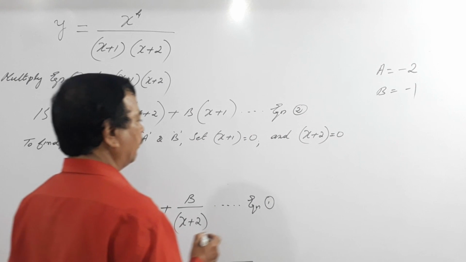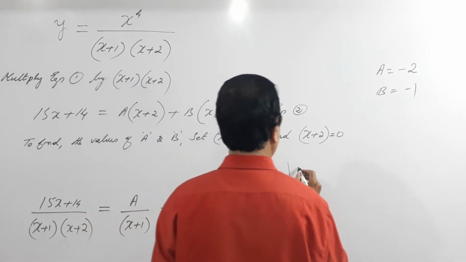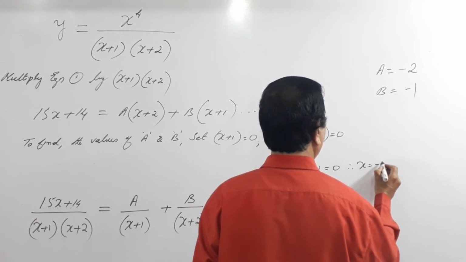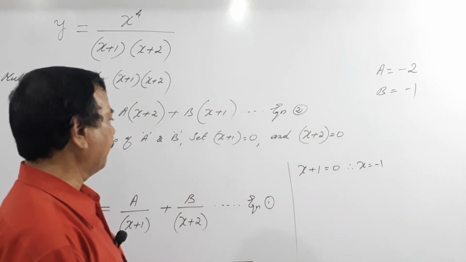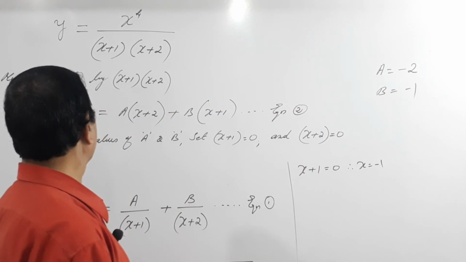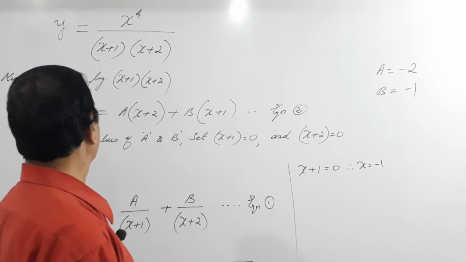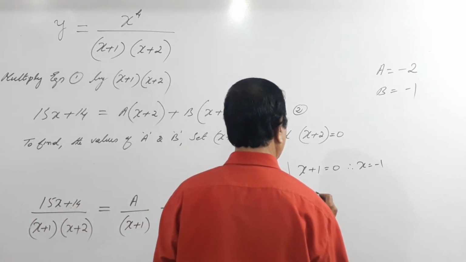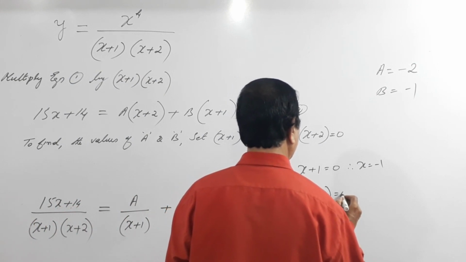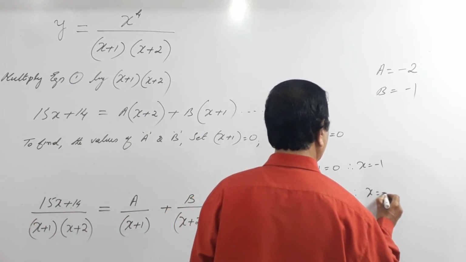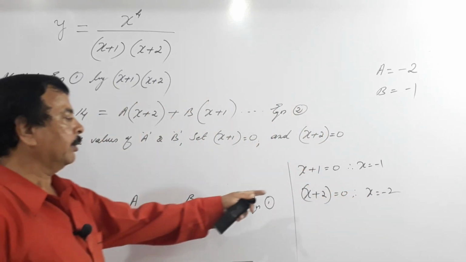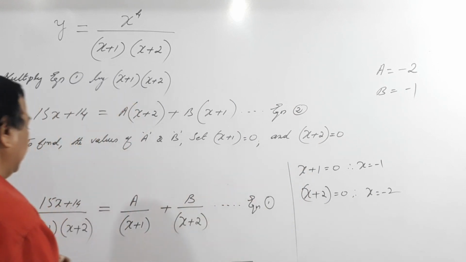First case, x + 1 equals 0, therefore x equals minus 1, correct? And x + 2 equals 0, therefore x equals minus 2. So I am going to substitute the values one by one in equation 2.